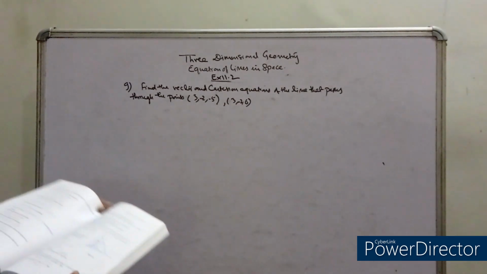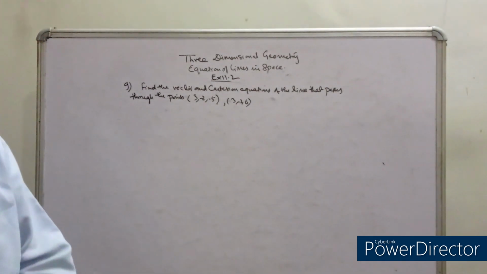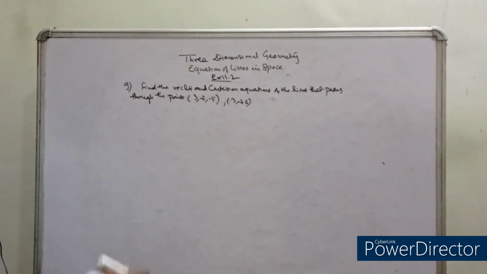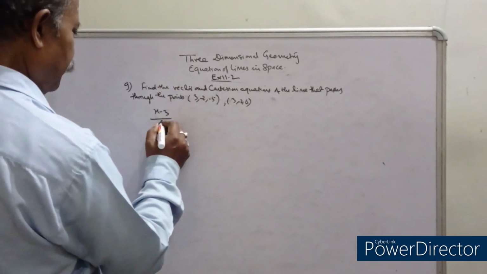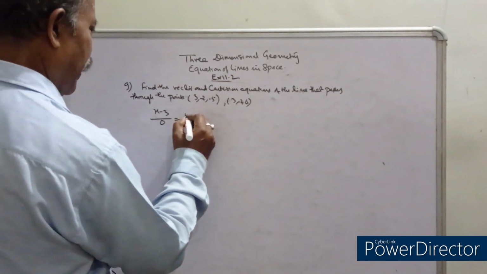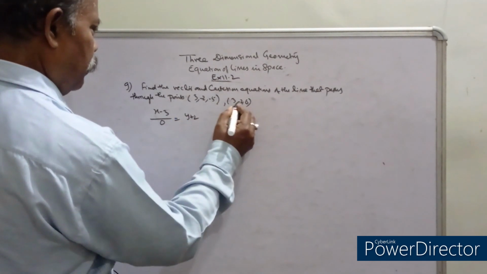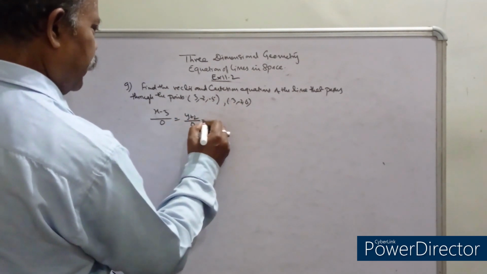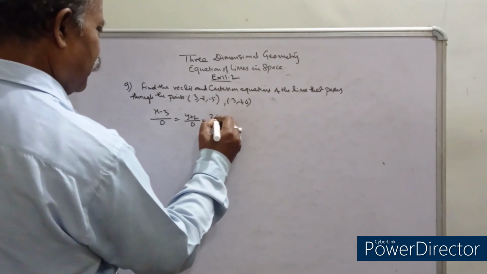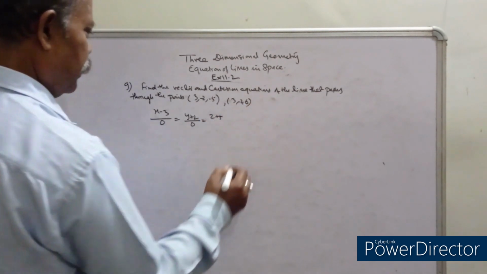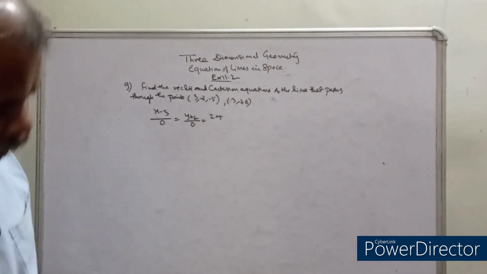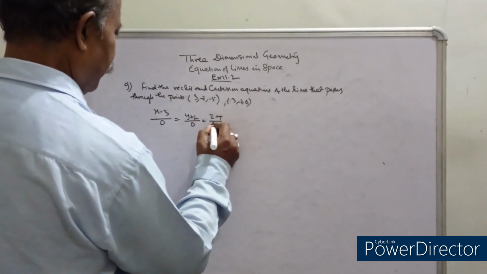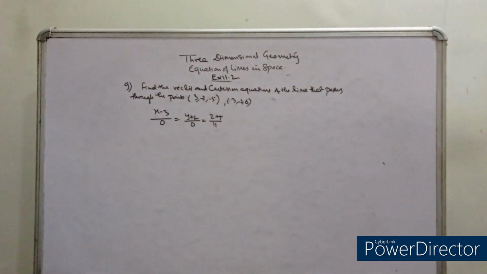So here this is very easy. Everything is given to you. In Cartesian form it will be (x - 3)/(3 - 3) = (y + 2)/(-2 + 2) = (z + 5)/(6 + 5), that is (z + 5)/11. So this is your answer.